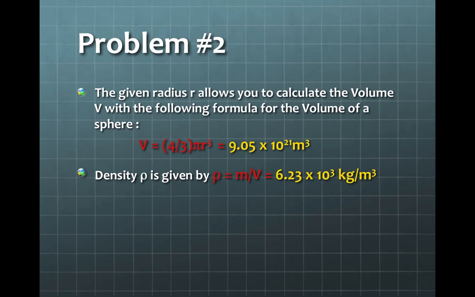We use the volume equation for a sphere in order to determine the volume of the planet given its radius, which we calculated to be 9.05 times 10 to the 21 meter cubed. Calculating density from this information, we get 6.23 times 10 to the 3 kilograms per meter cubed.